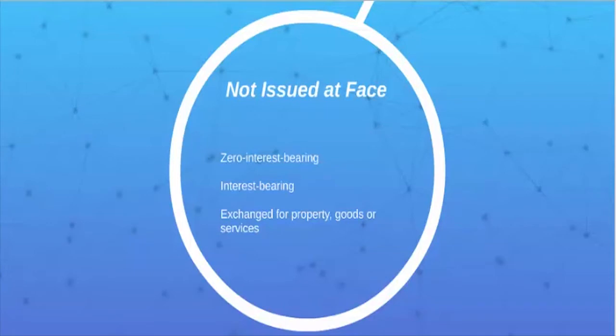We're going to record the difference between that face value, which is the future value, what we're going to receive in the future, and whatever the cash was that we were paid, which is the present value today. That difference is going to be our discount or our premium that we can amortize over the term of the note.